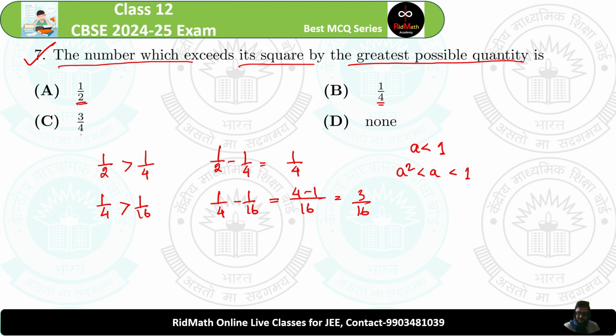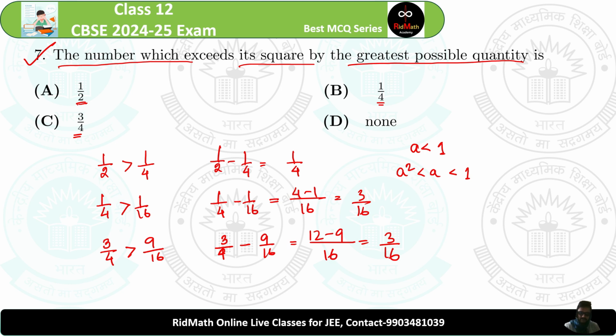And now the number is 3 by 4, and its square is 9 by 16. And obviously 3 by 4 is greater than 9 by 16. By how much? This is 3 by 4 minus 9 by 16. Again with 16 as the LCM, this is 12 minus 9, that means 3 by 16.